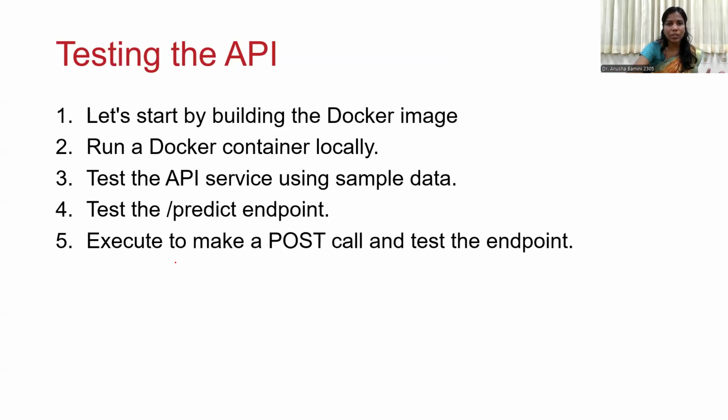After developing microservices, the API can be tested by building a Docker image, then running a Docker container locally, then testing the API service using sample data, testing the endpoint, and executing a POST call to test the endpoint. This is how we are testing the API in Docker.